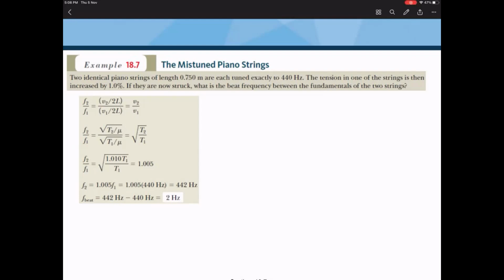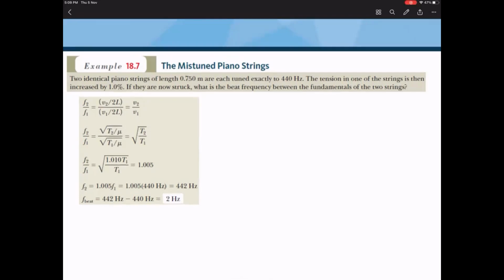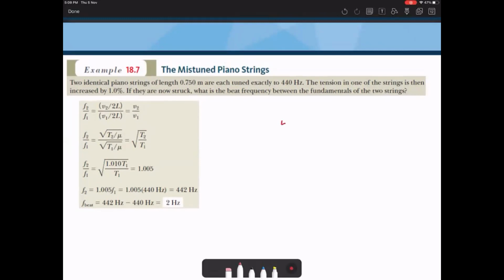So the idea of the piano generating sound is that they actually have strings that are fixed at both ends. You have the strings of the piano that are fixed at both ends, and you try to tap on the string in order to generate a sound. So the frequency of the sound is related to the length of the piano string, so v over 2L.